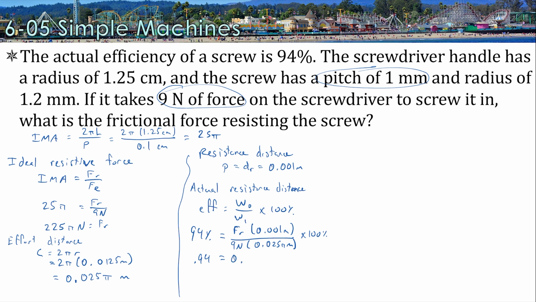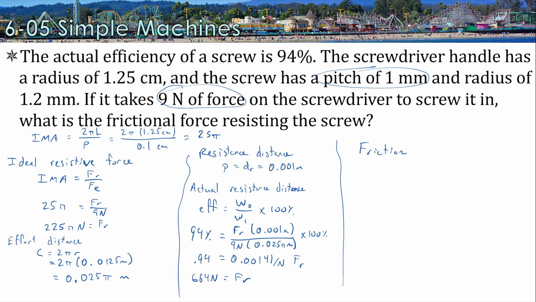We get 0.00141 per newton times FR. So we divide and we get 664 newtons for our resistive force. So our friction would be the difference.